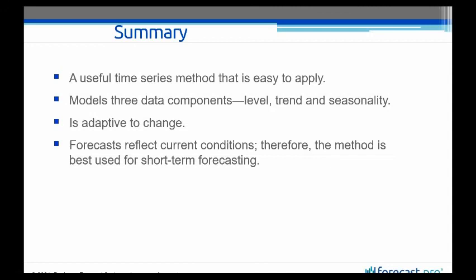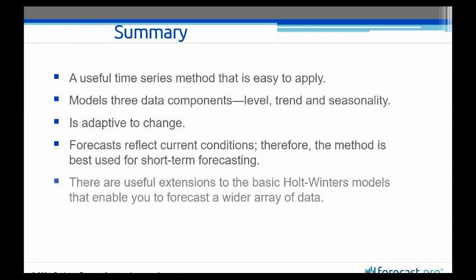Therefore, the model is best used for short-term forecasting. If you extrapolate too far into the future, assuming that things are going to, for example, increase at the same linear trend for 5 years, that can be problematic. So we really recommend using it primarily for horizons of maybe 12 to 18 months.